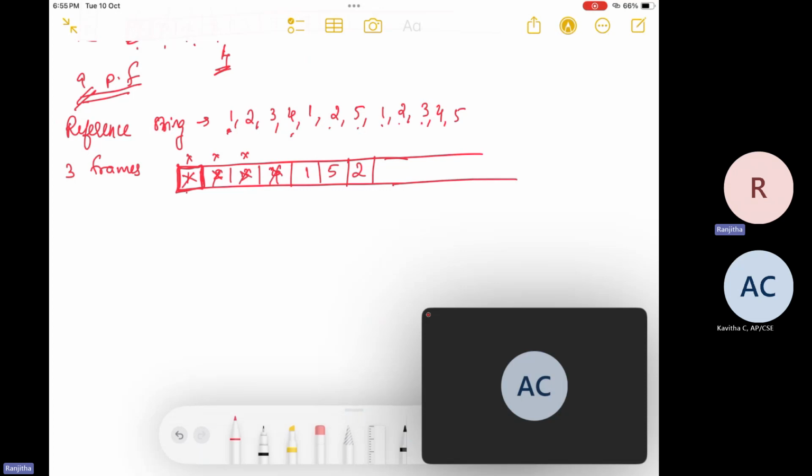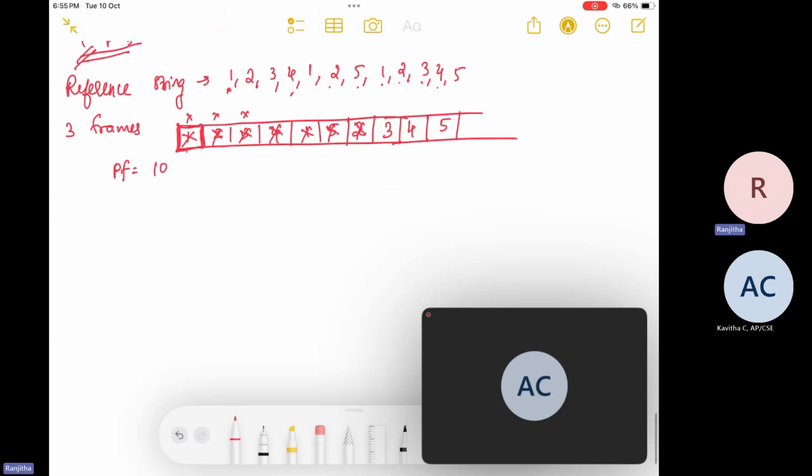Then when 3 is referred, 3 is not there in the memory, so it's a page fault plus a replacement. 4 is referred, again page fault plus replacement, and 5 is referred, again page fault plus replacement. So the total number of page faults here is 1, 2, 3, 4, 5, 6, 7 plus the initial 3, which is 10.